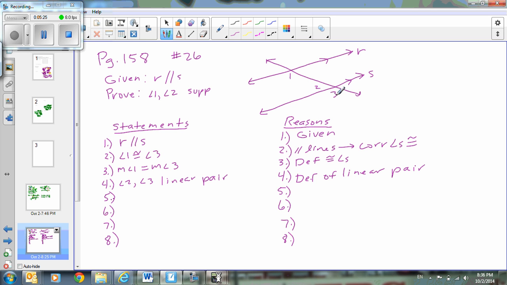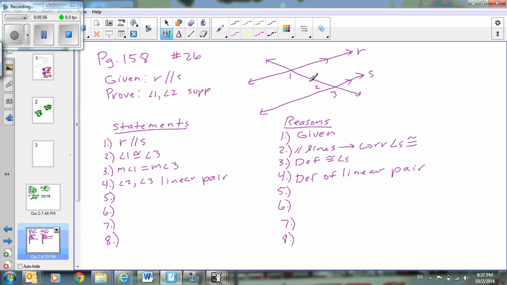Now, remember what we were trying to prove. We were trying to prove that 1 and 2 were supplementary. Right now we know that the measure of angle 2 plus the measure of angle 3 adds up to 180. Well, remember back in step 3, you said that the measure of angle 1 was equal to the measure of angle 3. So saying that the measure of 2 plus the measure of 3 equals 180 is the same as saying the measure of 2 plus the measure of 1 equals 180.